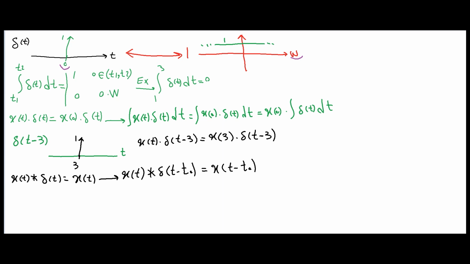Another point that we should mention is that many students think the impulse exists only in the time domain. No, we also have an impulse in the frequency domain, and we represent it by delta omega. In the frequency domain, its value is 1 at frequency equal to 0, and its value is 0 at all other frequencies.